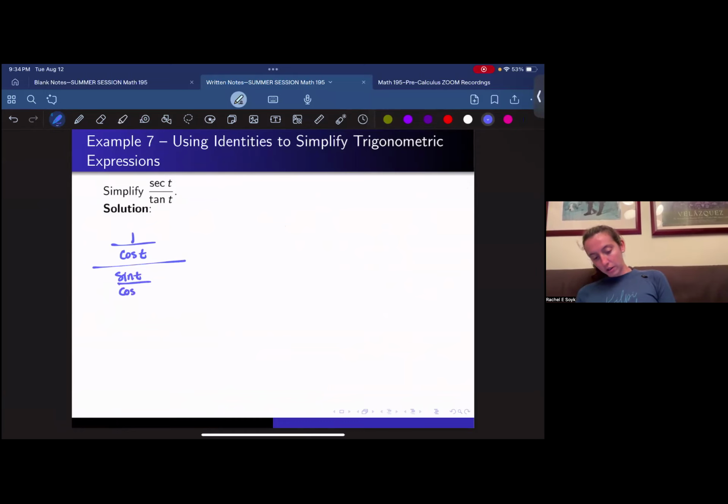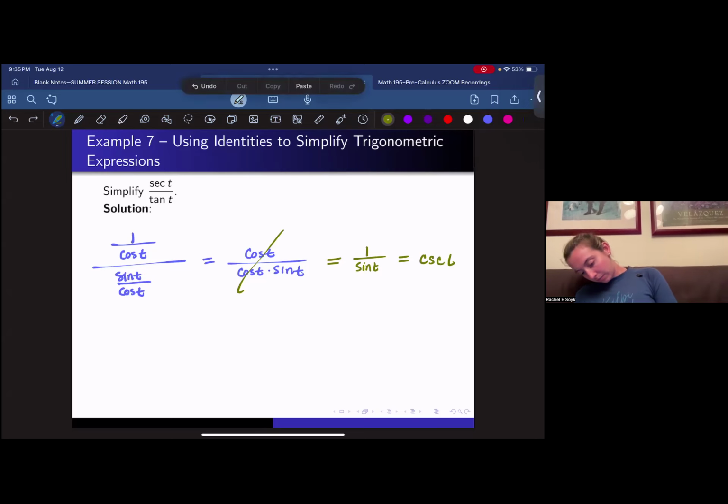Keep, change, flip, and we get cosine of t divided by cosine of t times sine of t. Cosines can cancel out, so then we're left with 1 over sine of t, which is the same as just cosecant of t. And we are done.